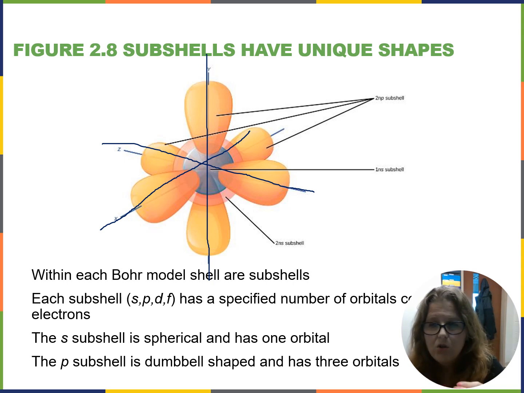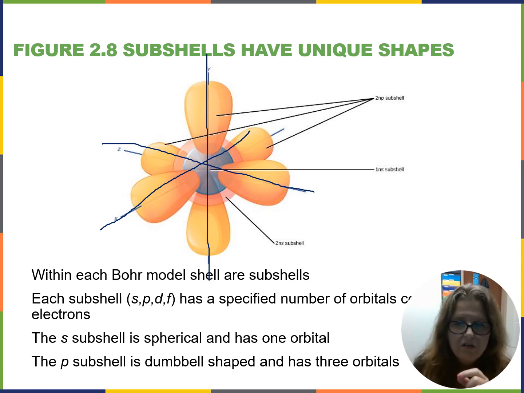But the sphere is larger in the 2N orbital, and each sphere is a single orbital. What I really want you to pull from this, because this is biology, not chemistry, is to understand that the orbiting the nucleus idea is not complete.